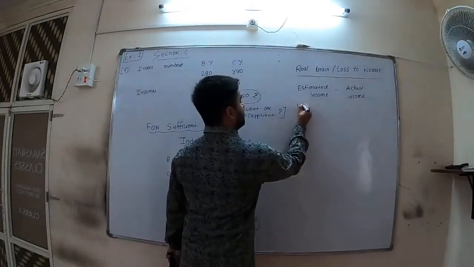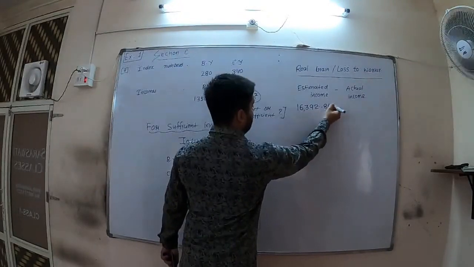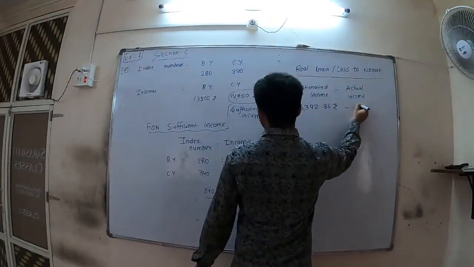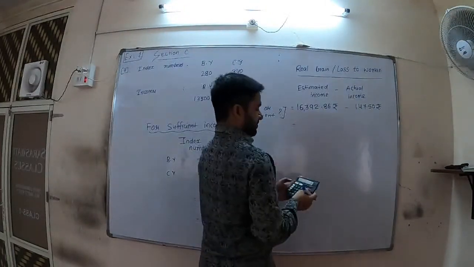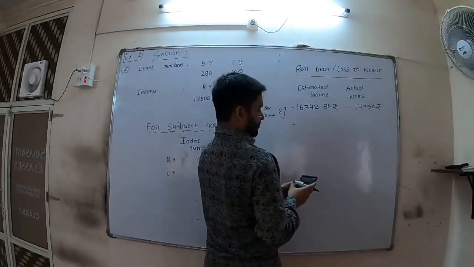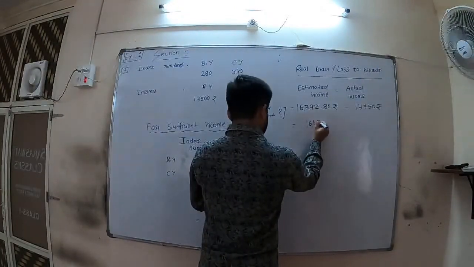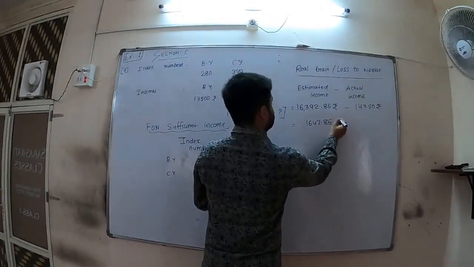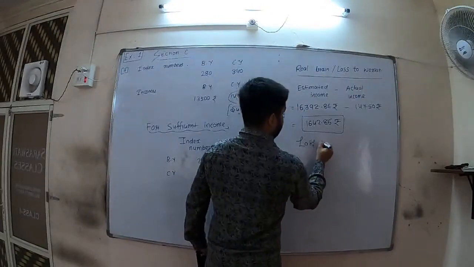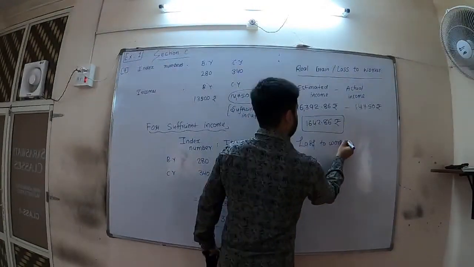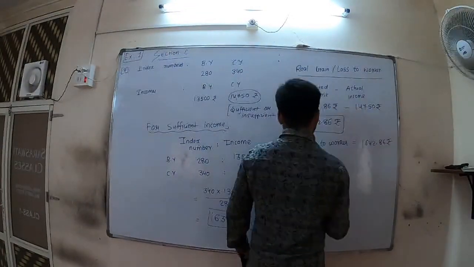According to us, the income should be 16,392.86 rupees, and what is the actual income? 14,750 rupees. So 16,392.86 minus 14,750 is 1642.86 rupees. So loss to the worker is equal to 1642.86 rupees.